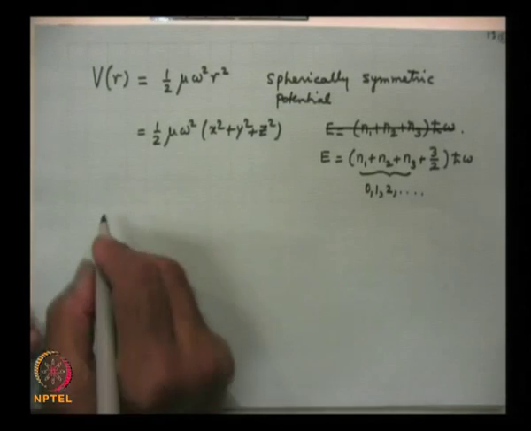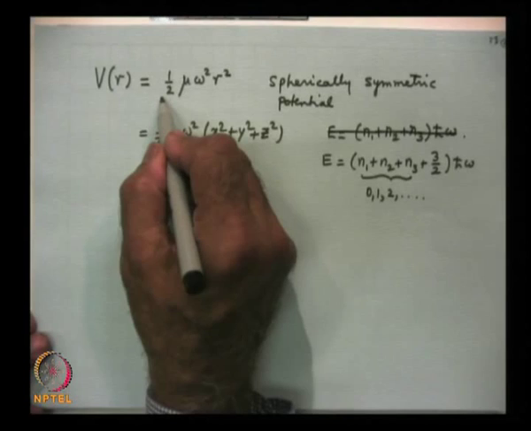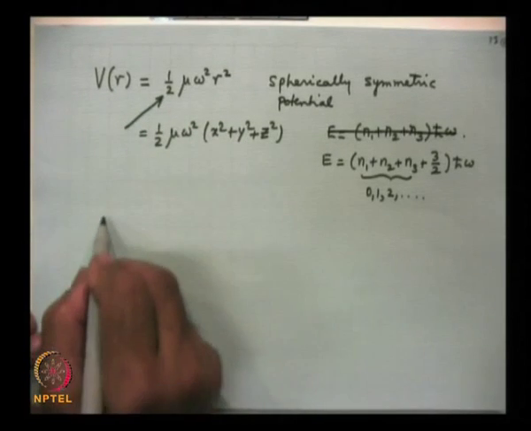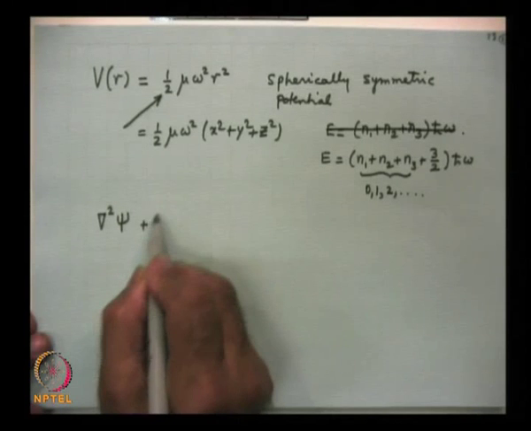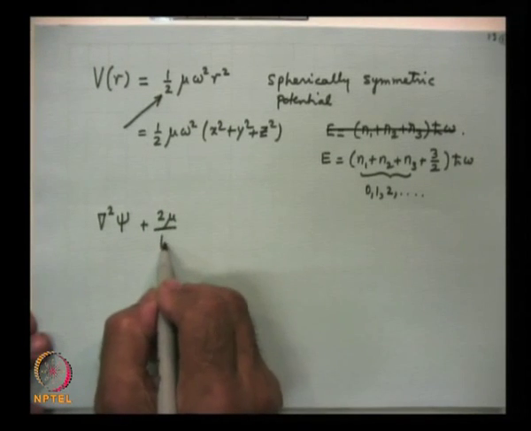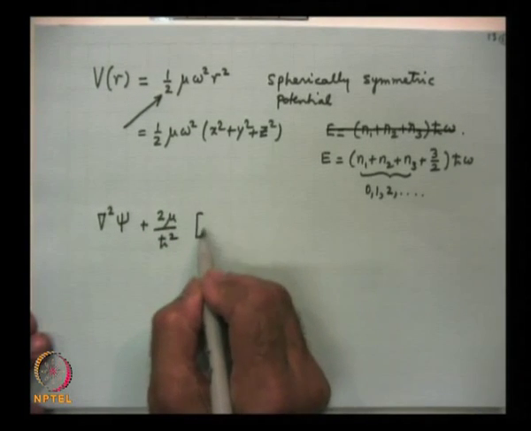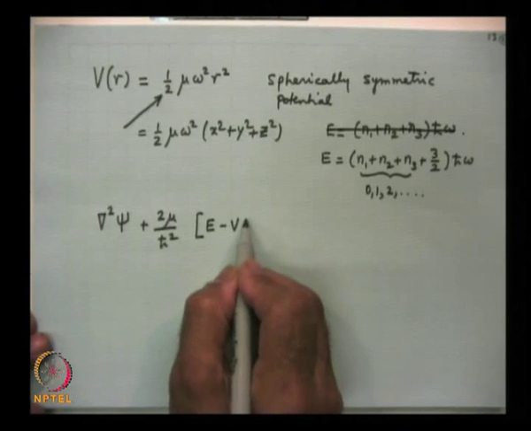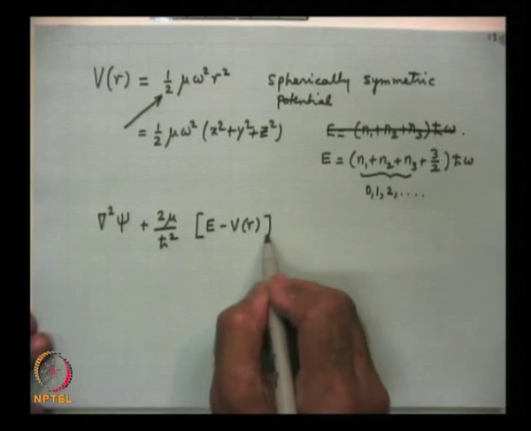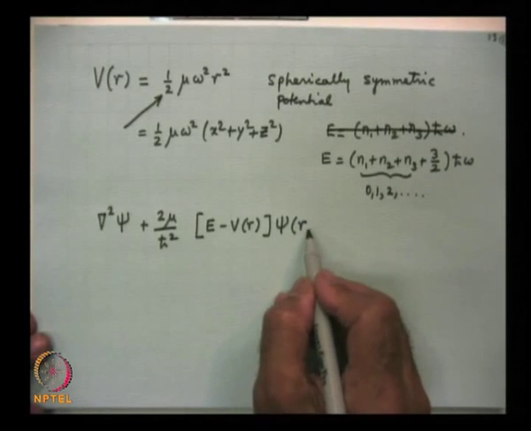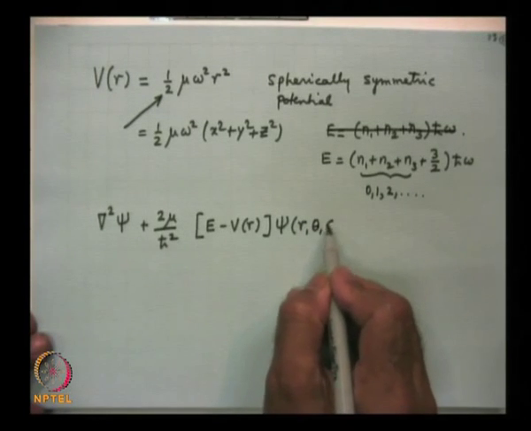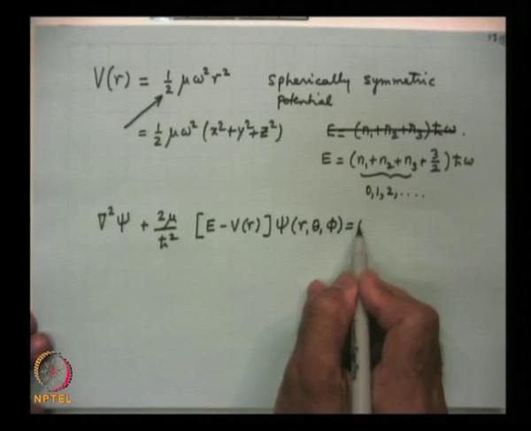Now, as we had shown earlier, we can solve the equation 2 mu by h cross square E minus V of r psi using the spherical polar coordinates r, theta, phi.